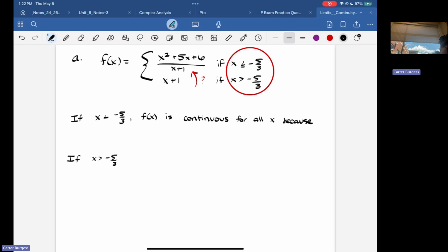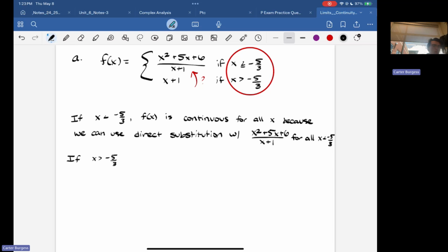because we can use direct substitution with our x squared plus 5x plus 6 over x plus 1 for all of our x's that are less than negative 5/3.